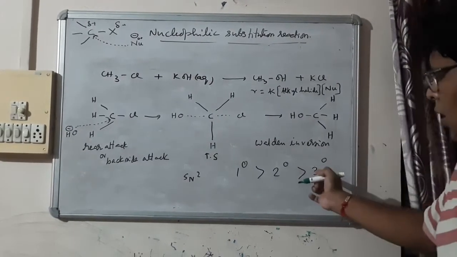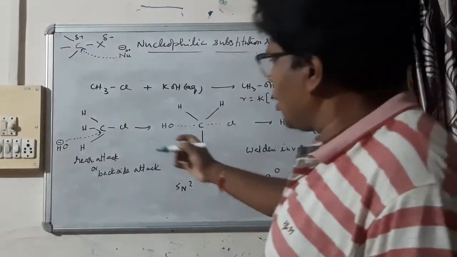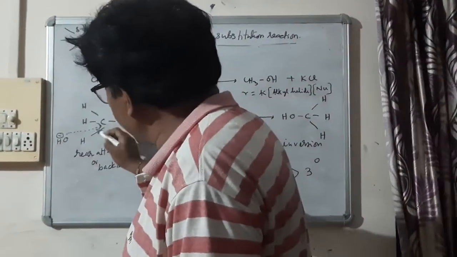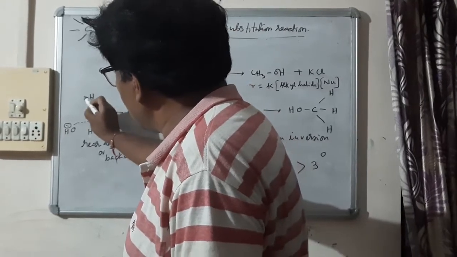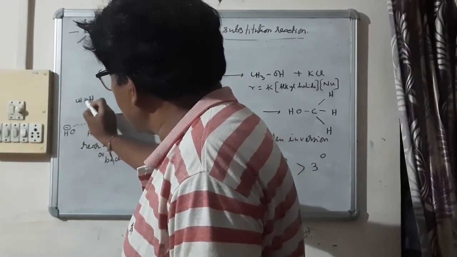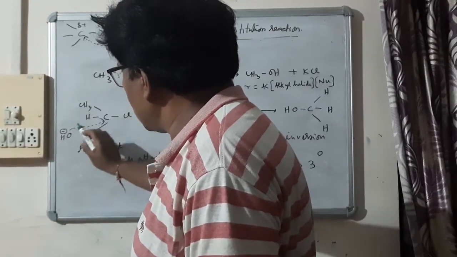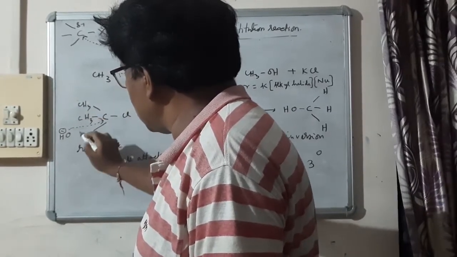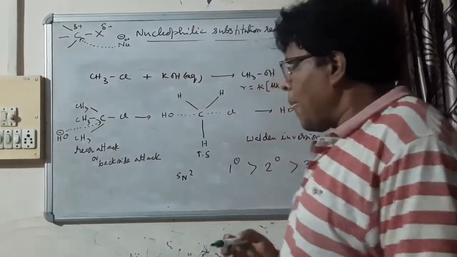Suppose we take a 3 degree compound here. You can make it a 3 degree compound, say with CH3, CH3, and CH3. So this is a 3 degree compound.